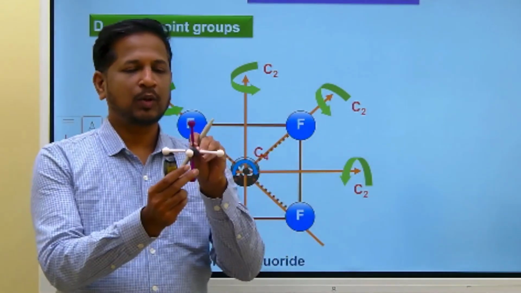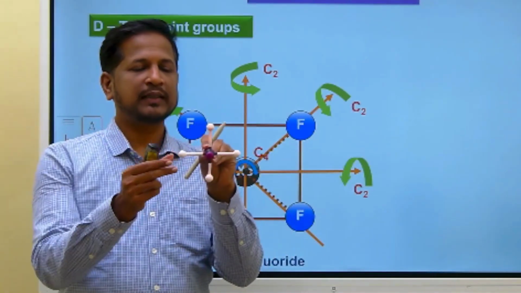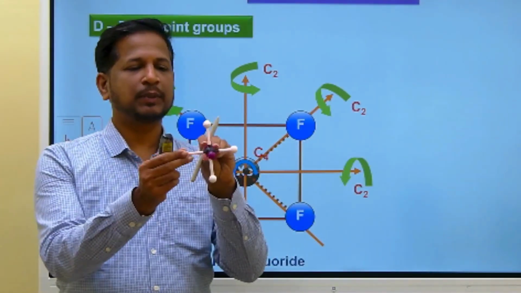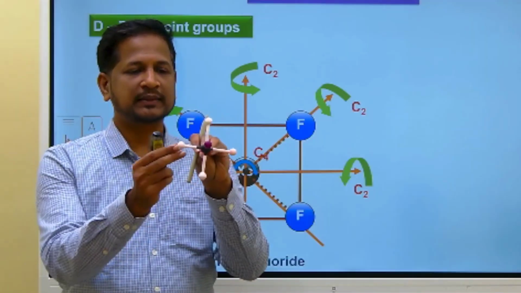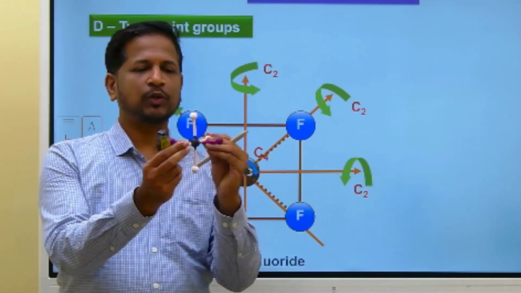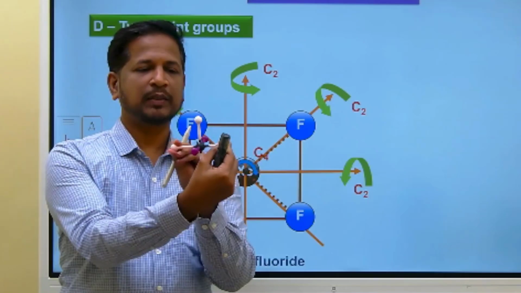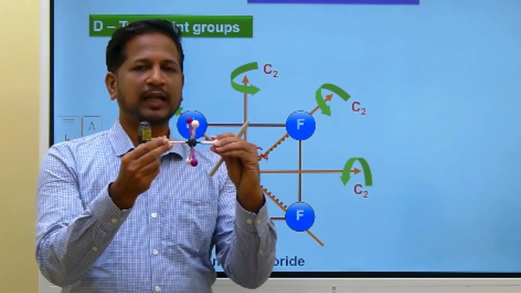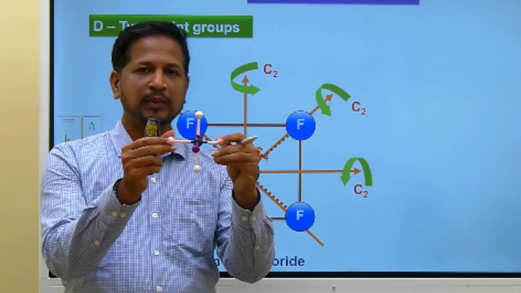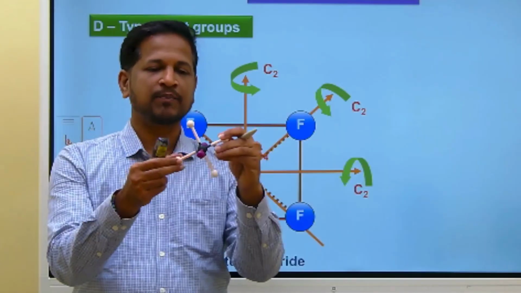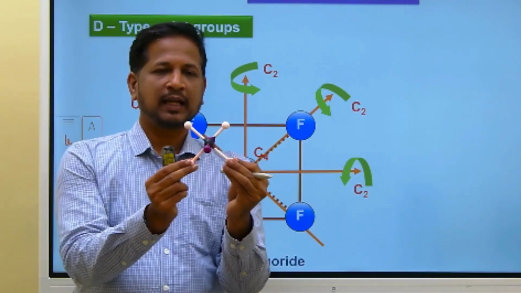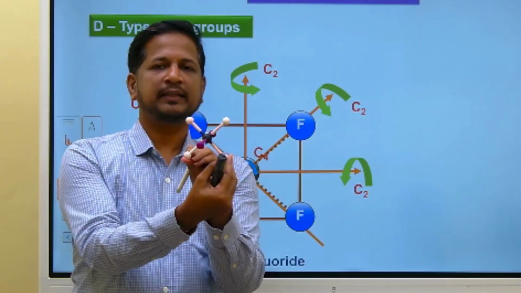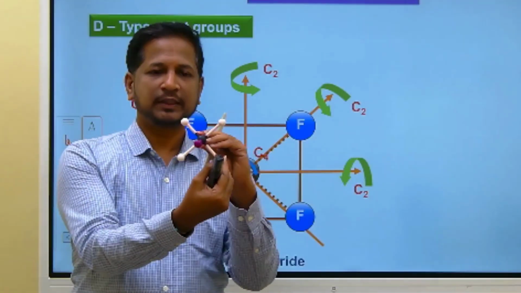If you hold the molecule like this, this is the principal C4 rotational axis. Now if you rotate the molecule like this, you get an indistinguishable image. If you rotate the molecule like this, you get an indistinguishable image. So this is the second C2 axis. Now hold the molecule like this and rotate it like this, you will get the third C2 axis.